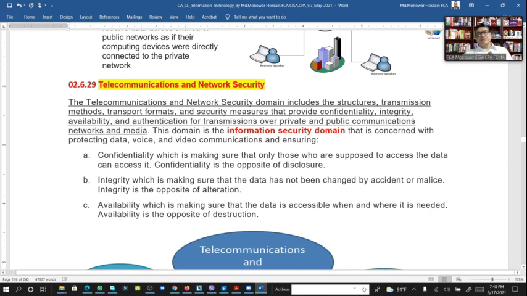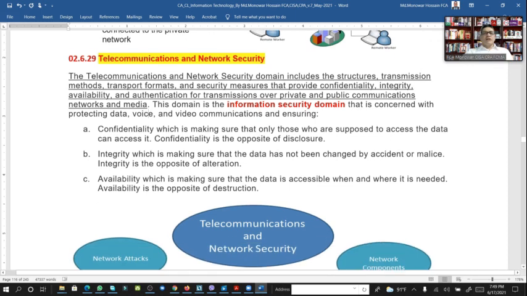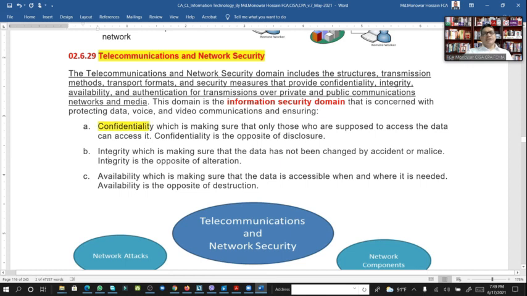This domain is the information security domain connected with protecting data, voice, and video communication and ensuring confidentiality, integrity, and availability.